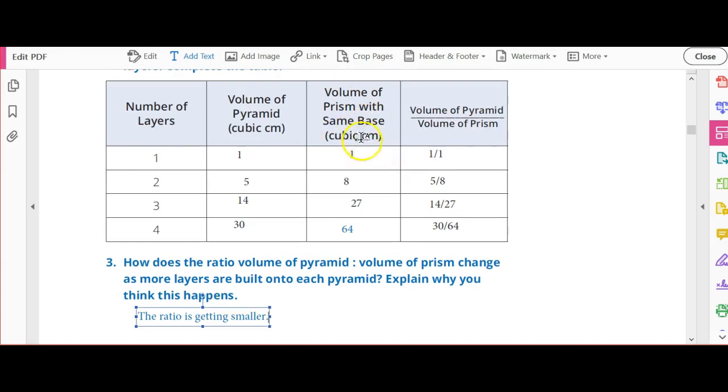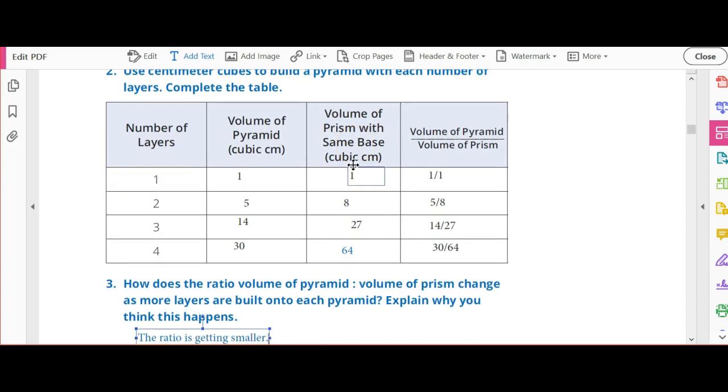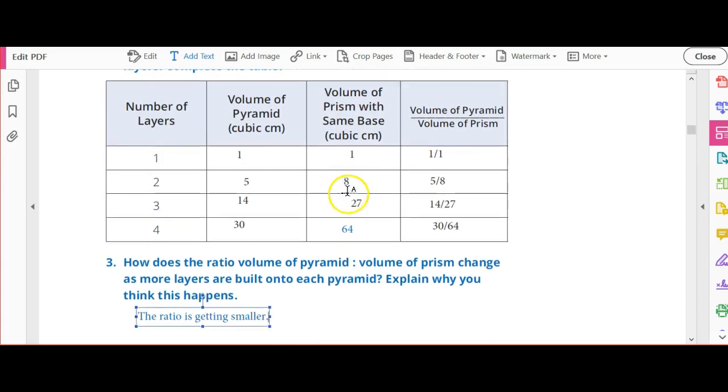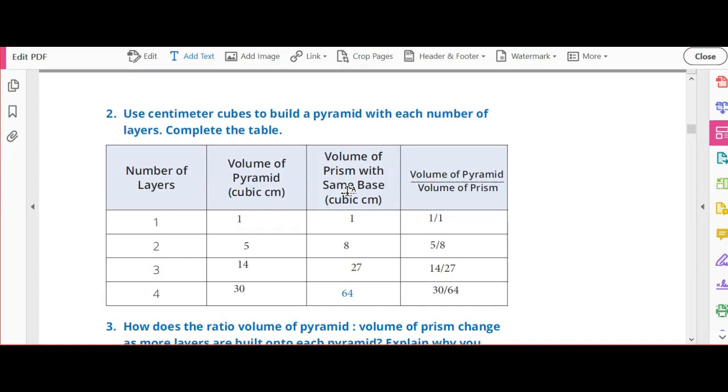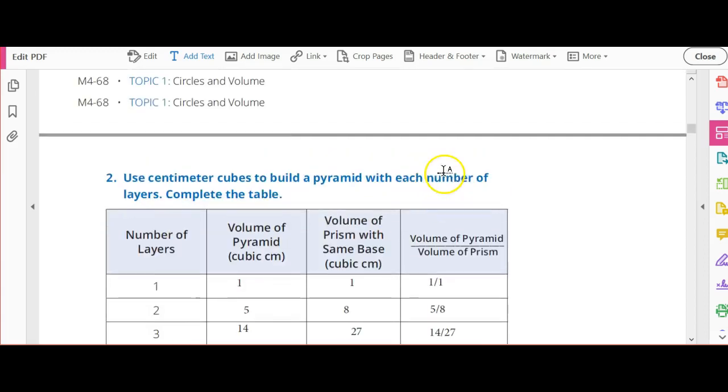The volume of a prism with the same base, if it had 1 layer and one, let me just think about this. You know what? I think we're going to redo this a little bit. So let's try this again. Let's imagine that in that 1 layer there were 9 total cubes.